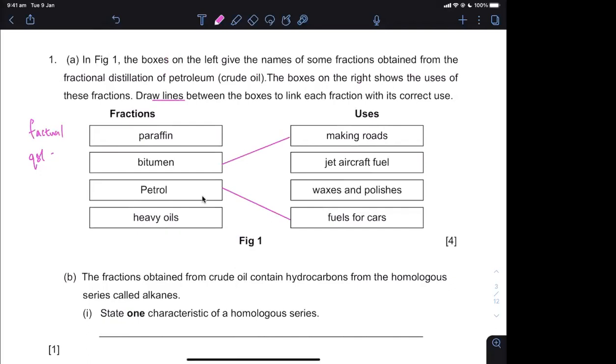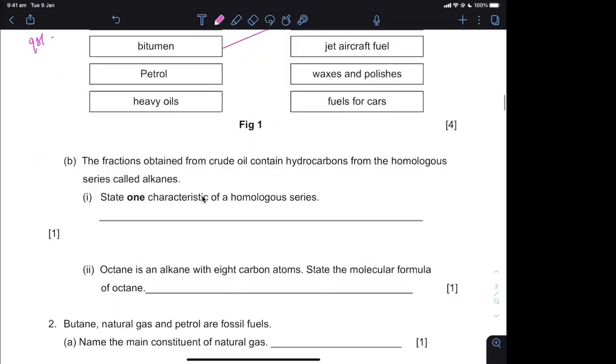I think between this and this, we might be right. Hang on. Heavy oil, I think, is waxes and polishes. Am I correct? Let me think. I might be wrong, I better check on this. I know bitumen is for making roads. Okay, let me just skip this and I'll come back to it later.